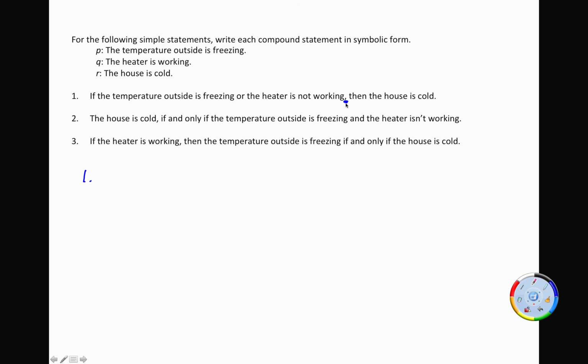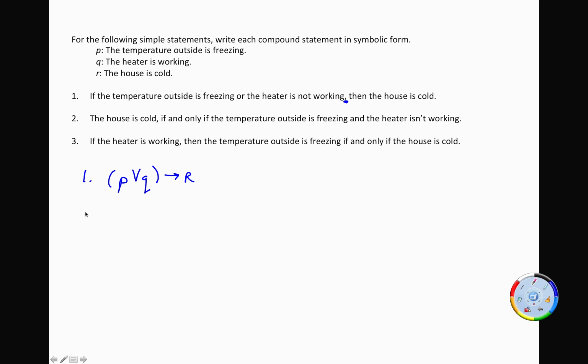Pay attention to the comma. If the temperature outside is freezing or the heater is not working, so that needs to go in parentheses.